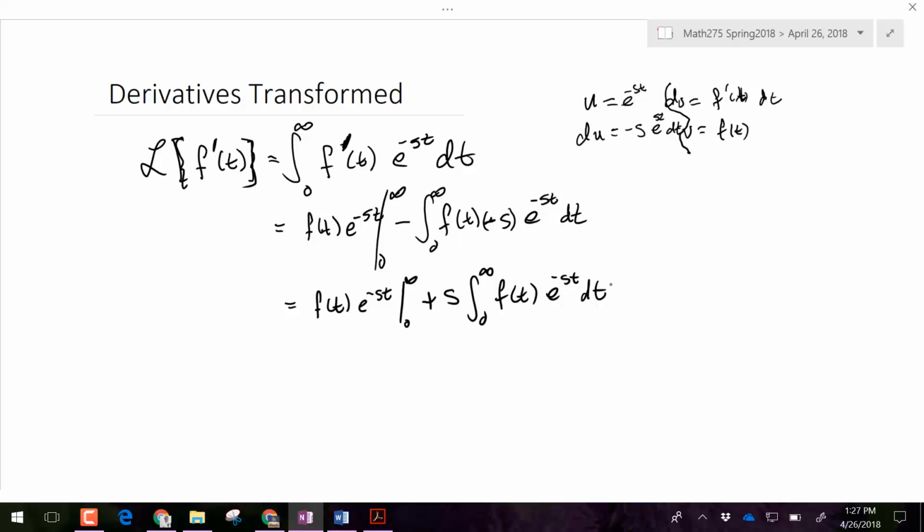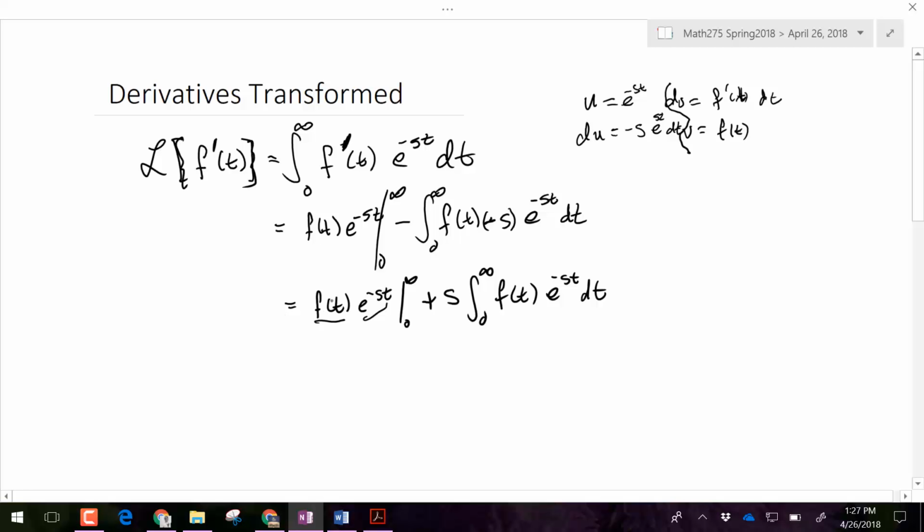All right, so the question is what happens when this thing goes off to infinity. Now we're assuming that these f functions are of exponential order, which means that we can allow our exponential function there to dominate, and that would send everything to 0 before f of t can do anything for itself.